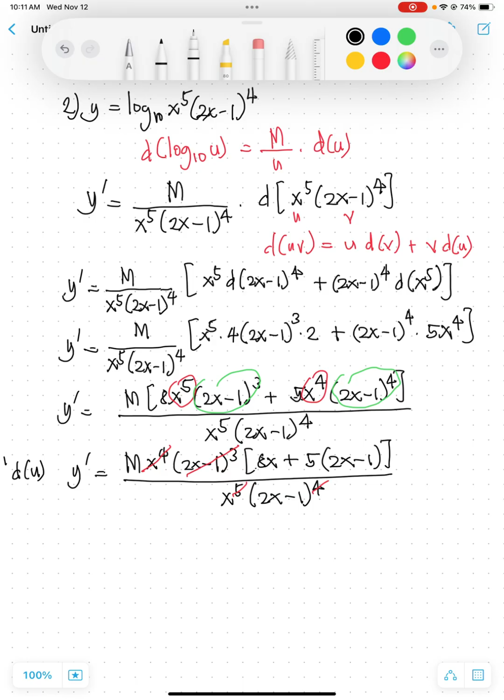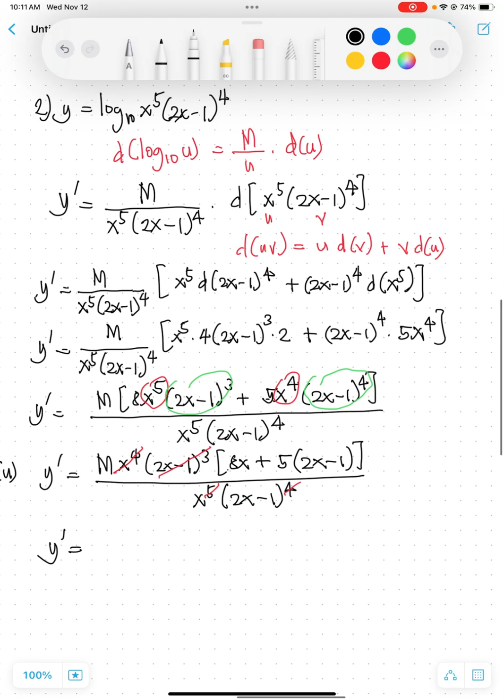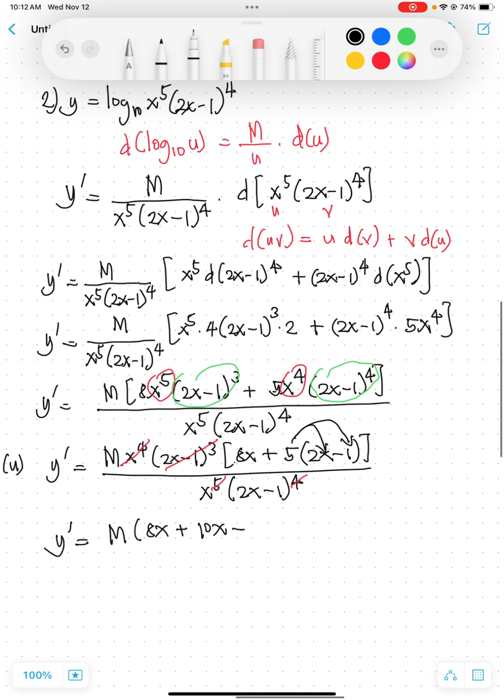So we'll have y prime equals m times 8x plus, and then 5 times 2x is 10x, and then 5 times negative 1 is negative 5. So divided by x and then times 2x minus 1.